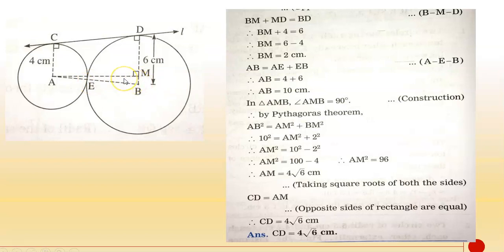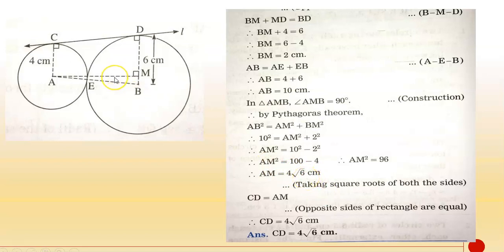I can find out AM. By the Pythagoras theorem, AB square is equal to AM square plus BM square. So from here, I find AM as 4 root 6 centimeters by taking the square root on both sides.